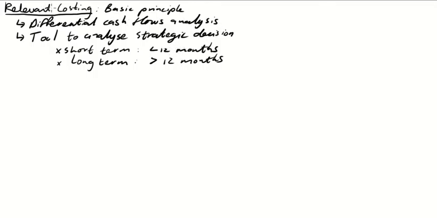Now, really important when we look at relevant costing is to know that there is an assumption that underlies our analysis. And that assumption is that we are approaching this decision from the viewpoint that we want to maximize our company's financial value.